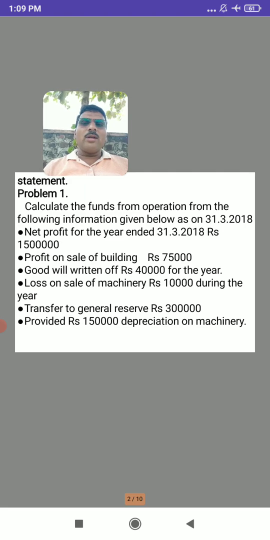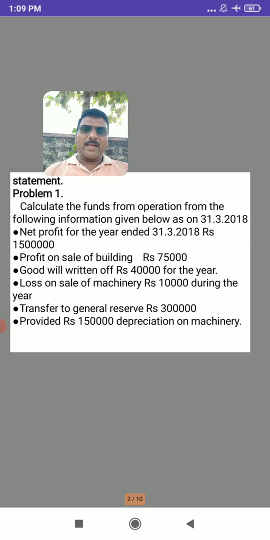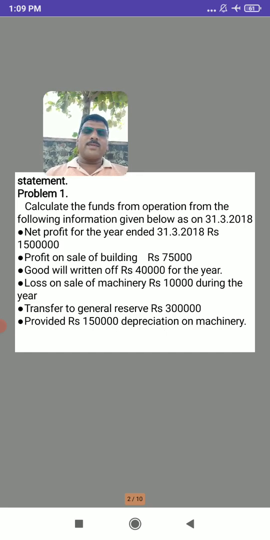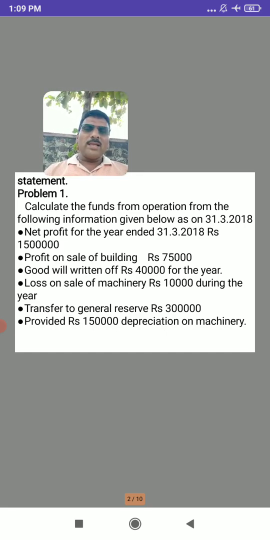We'll see what non-operating expenses are given in this problem, and after adding, we have to deduct non-operating incomes, and then we will find out the funds from operation.